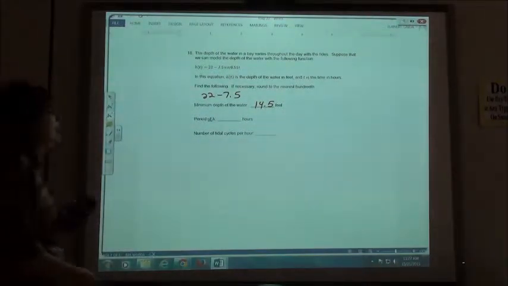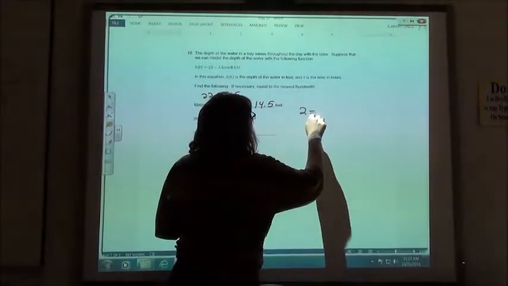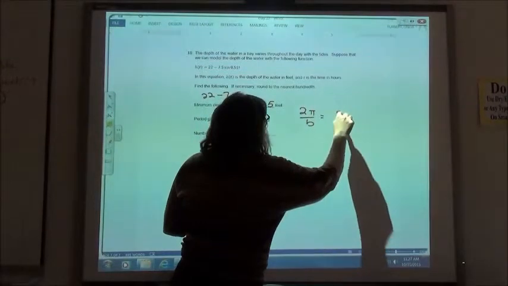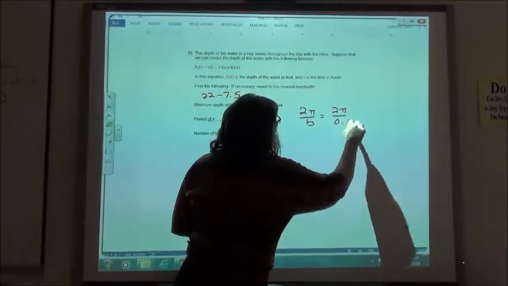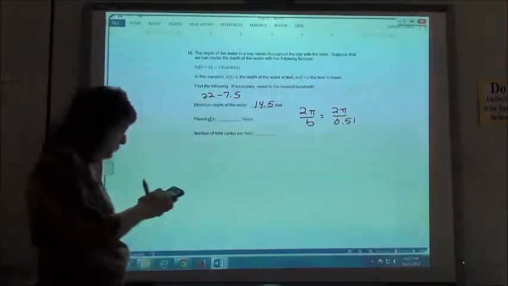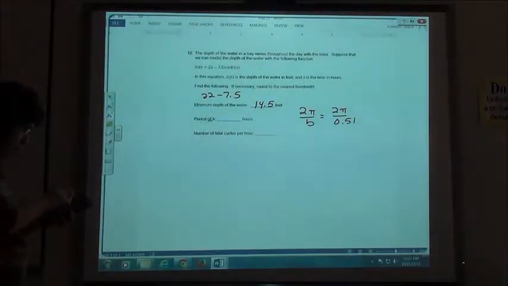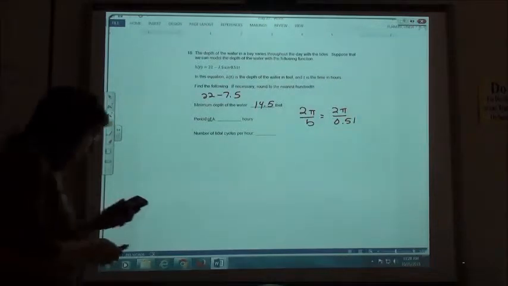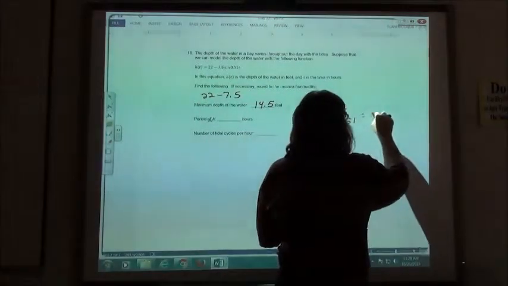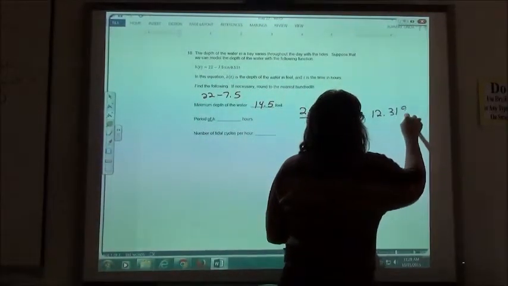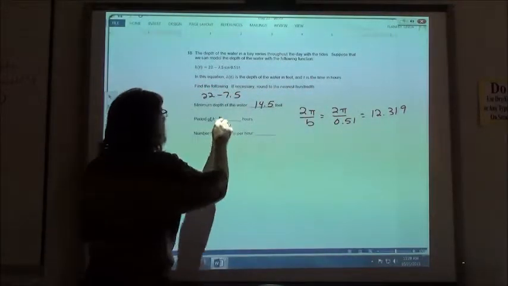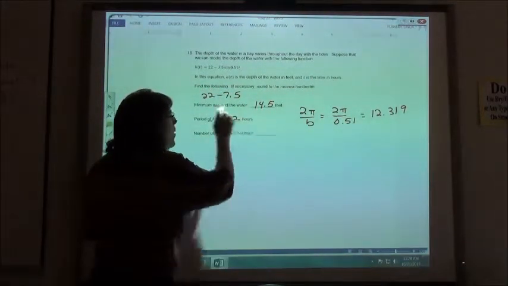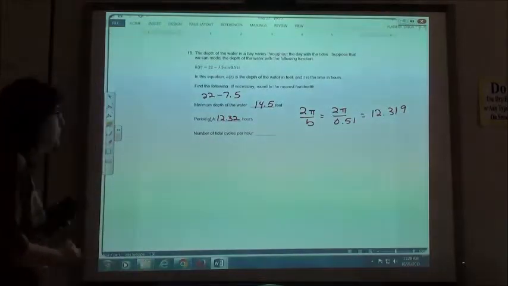My period, 2 pi over b, so 2 pi divided by 0.51. So 2 shift pi divided by 0.51 would give me 12.319. So I'm rounding to the nearest hundredth. 12.32 hours then is what I would round that off to.